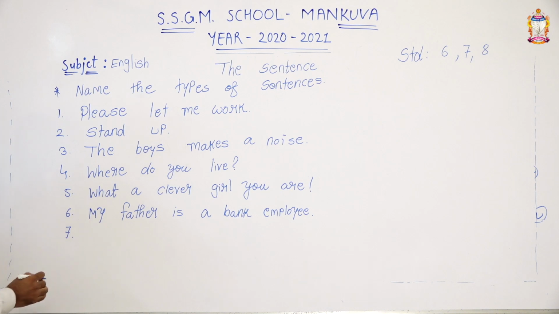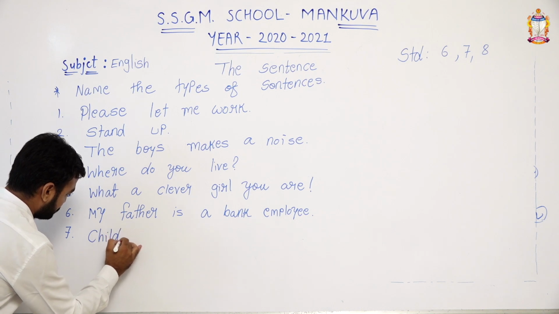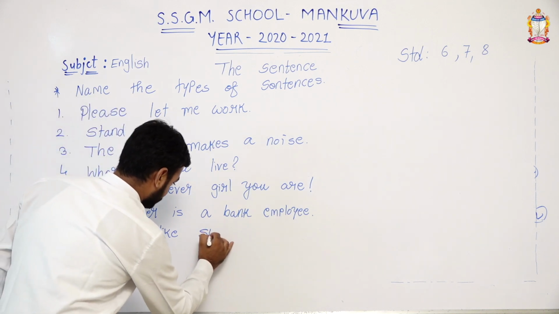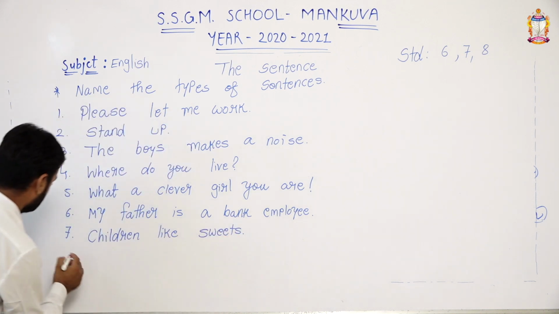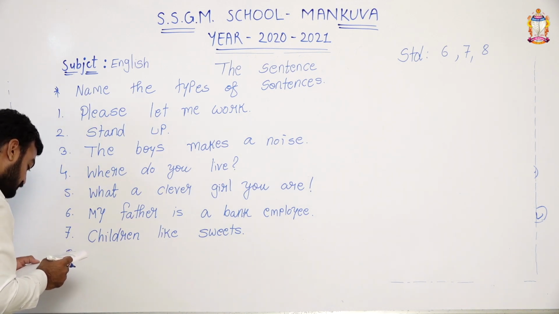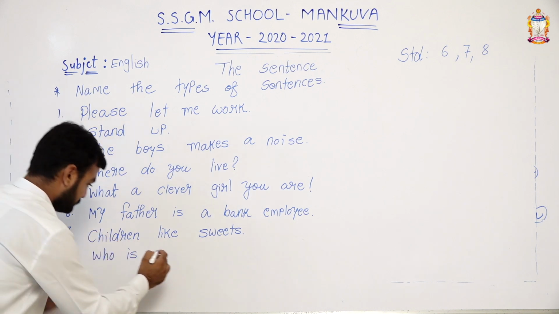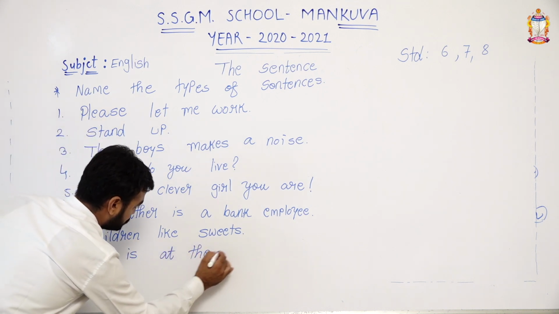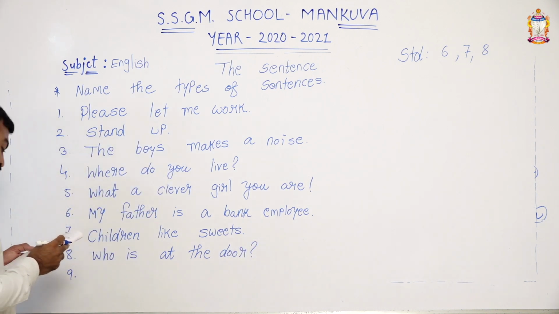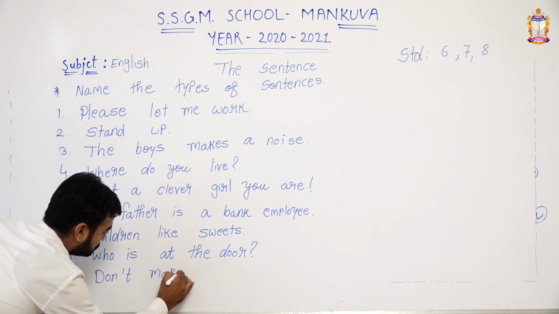Number 7, children like sweets. Number 8, who is at the door? Number 9, don't make noise.